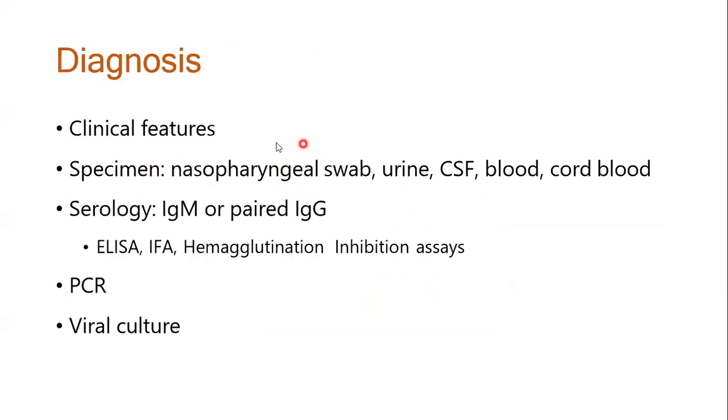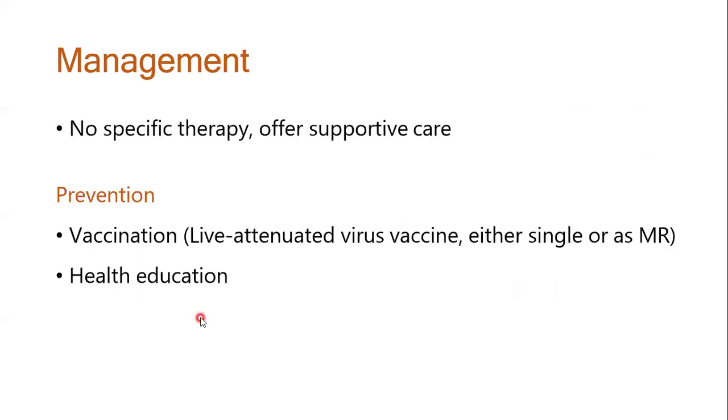Then specimen, we have nasopharyngeal swab, urine, CSF, blood, and cord blood to check if the baby has also got viremia. Then serology, we have IgM or paired IgG, ELISA, IFA, immunofluorescent assay, hemagglutination inhibition assay. Then we have PCR and viral culture.